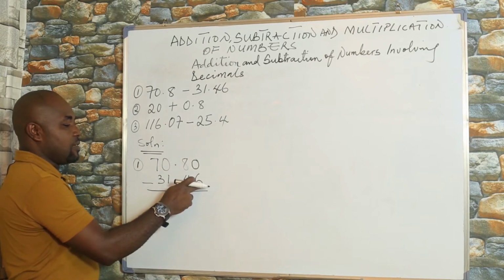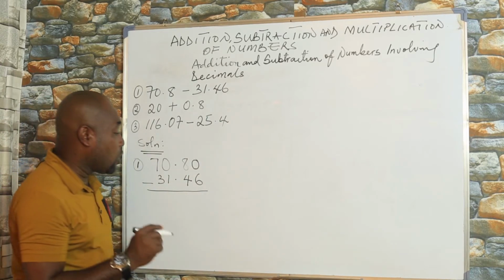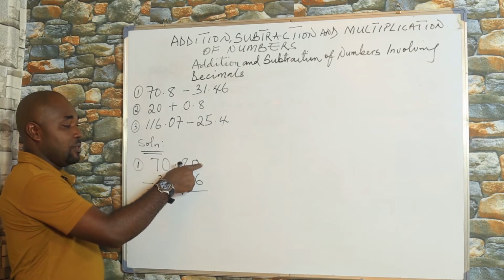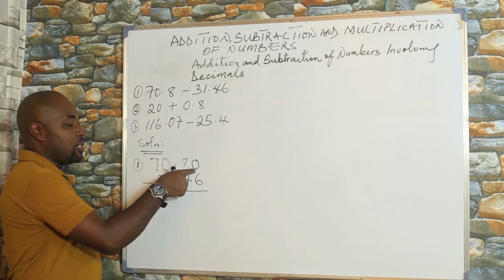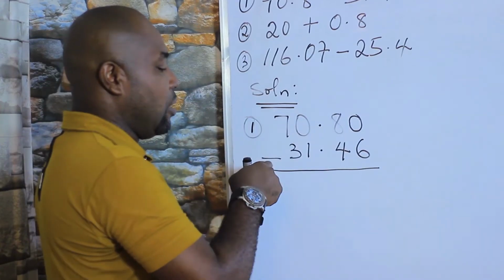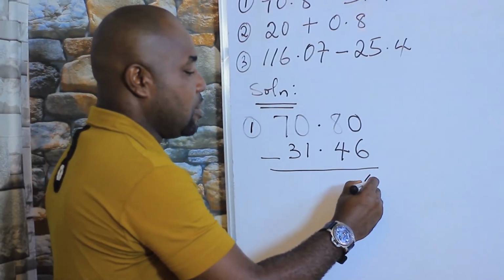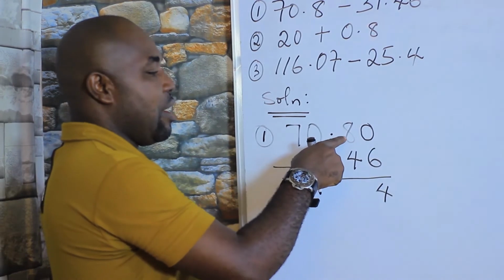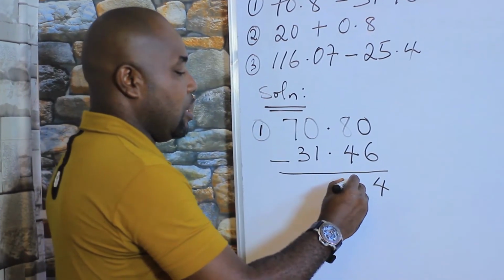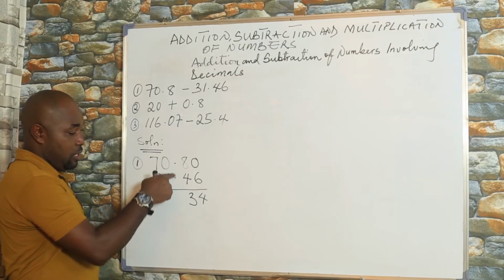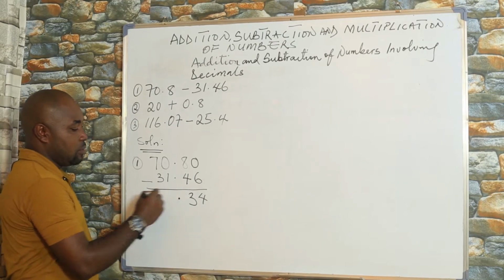0 minus 6 cannot go because 6 is greater than 0. We have to lift 1 from here, put here 10. 10 minus 6 is 4. Here remains 7. 7 minus 4 is 3. This is your decimal point.